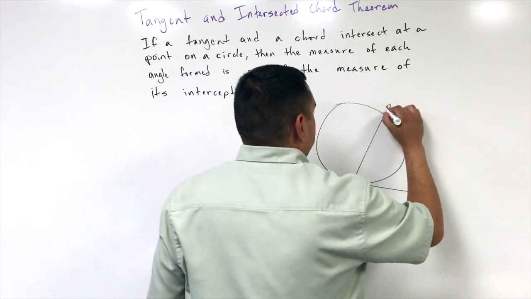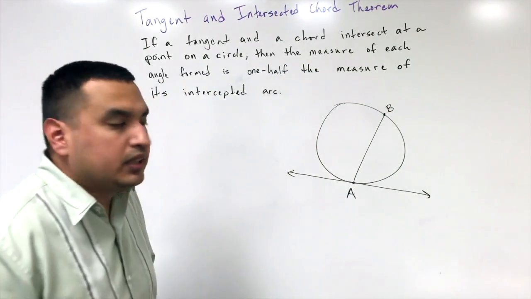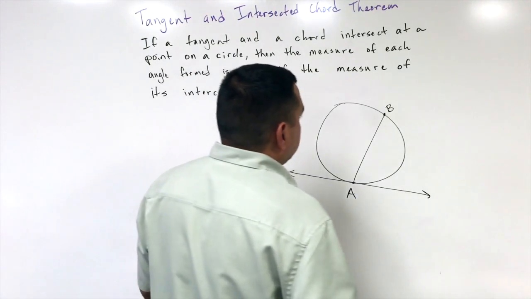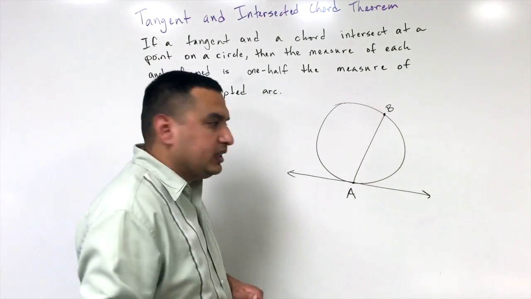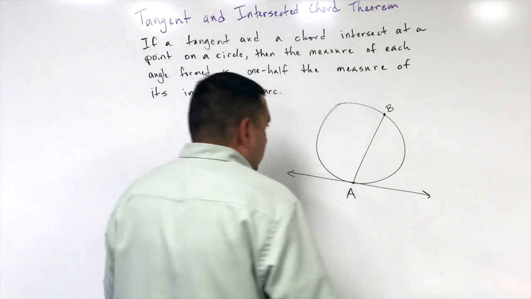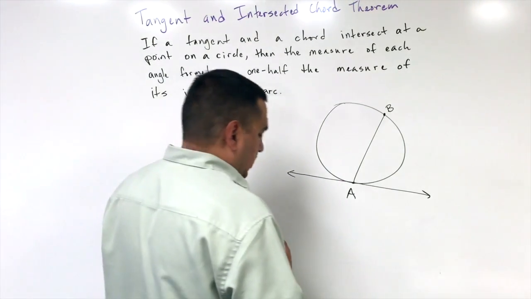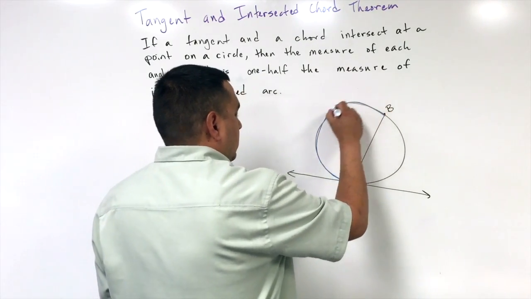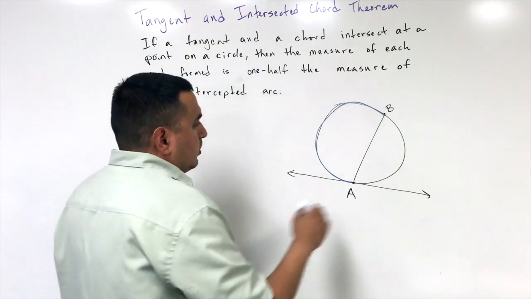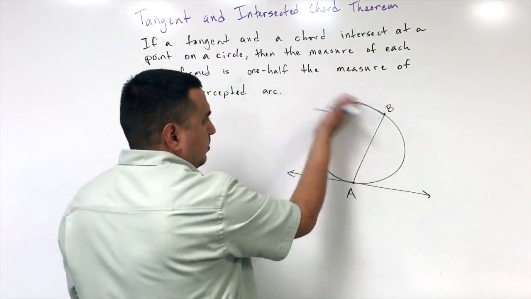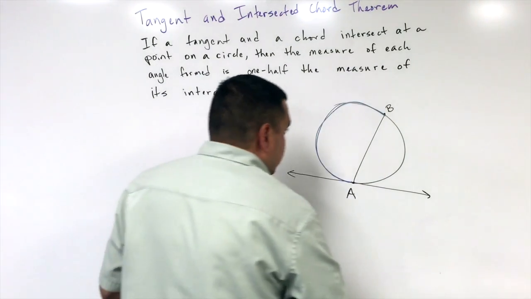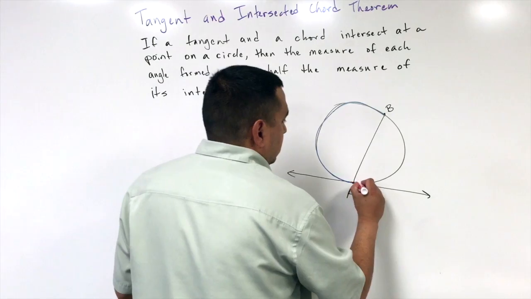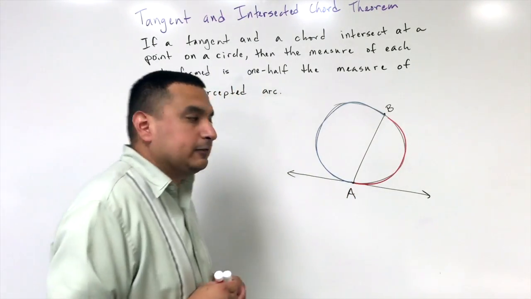We'll call that B. Now what that does is split this circle into two pieces. So there's one arc that goes this way on the left, and then I have a different arc that goes this direction from A to B.